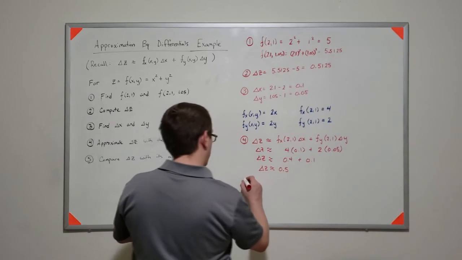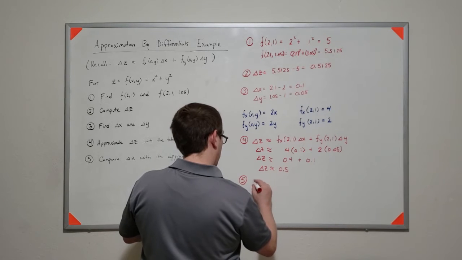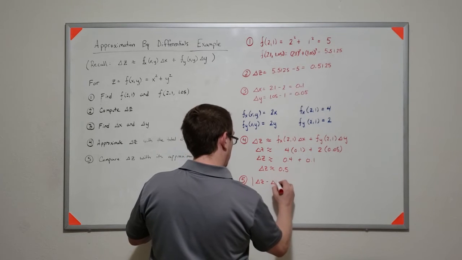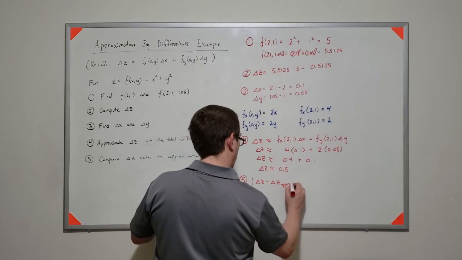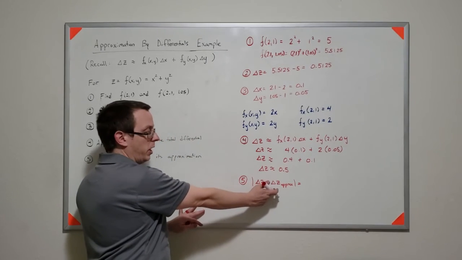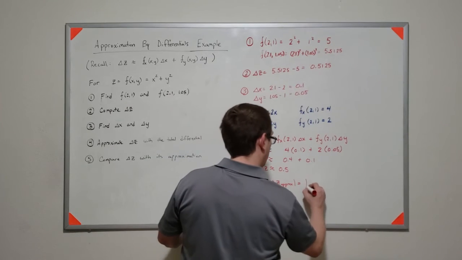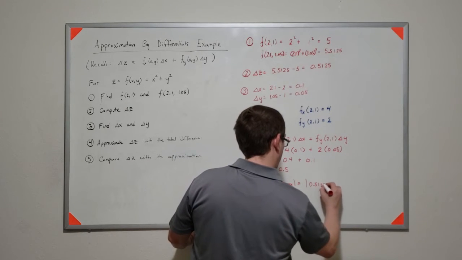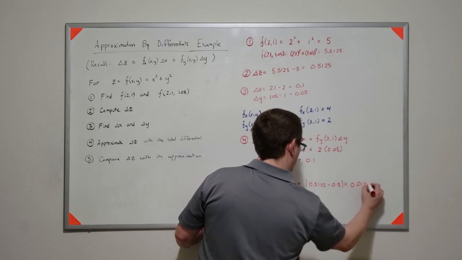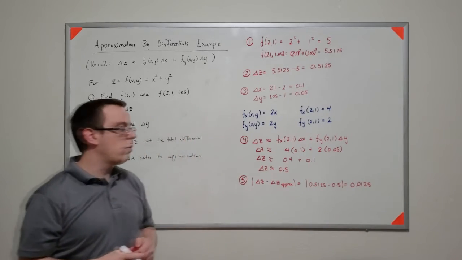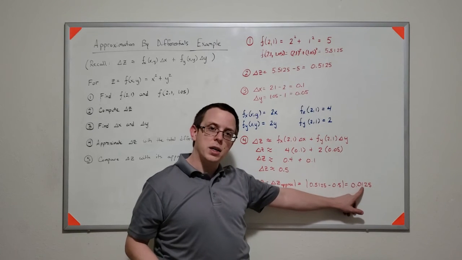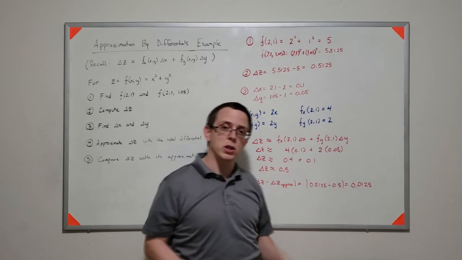So to compare that, we take the difference of the increment and the approximate version, which is 0.0125. A relatively small number. You're talking second digit here, and even the second digit is pretty low.